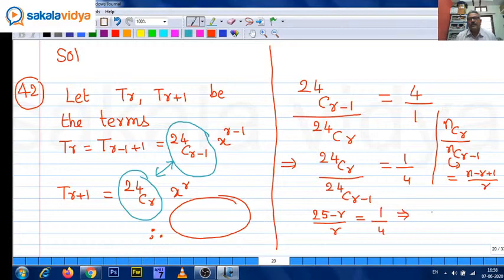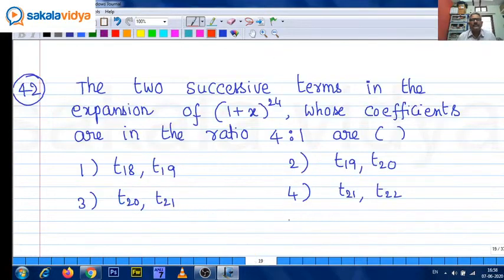The cross multiplication takes place: 100 minus 4R equals R. 5R equals 100. R equals 20. That means T20 and T21. That means the third option is the right option. Third option is the right option.